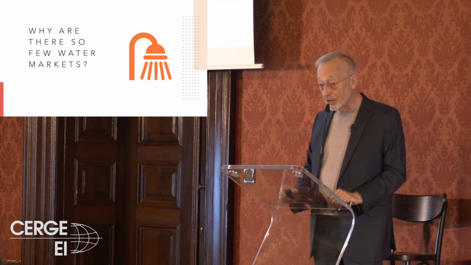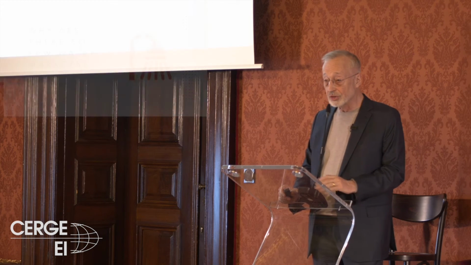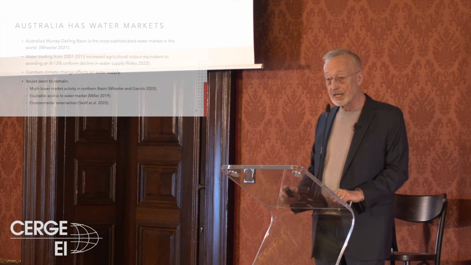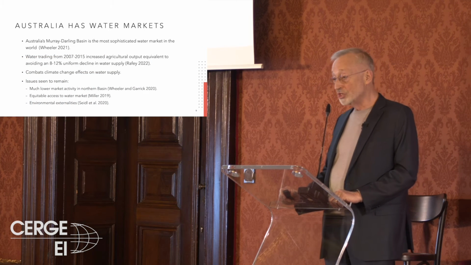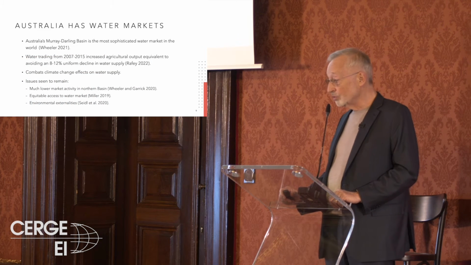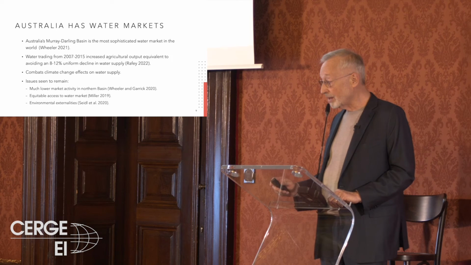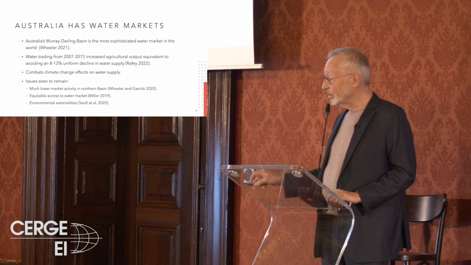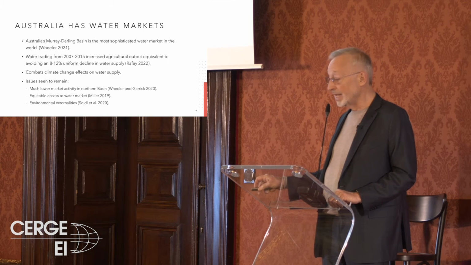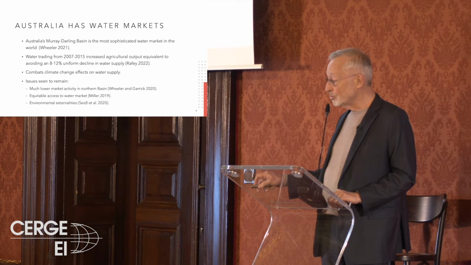There are water markets in the world. Australia, after an even longer and deeper drought, managed to change its water law. So we know that water markets are possible. Australia's Murray-Darling Basin has the most sophisticated water trading in the world, and it's believed that the increase in agricultural output was like avoiding a pretty major reduction in the overall water supply.